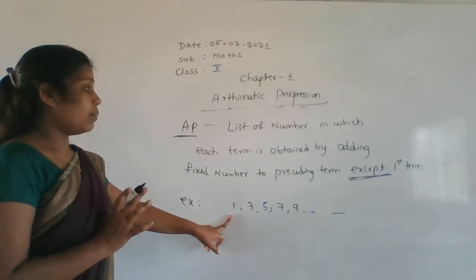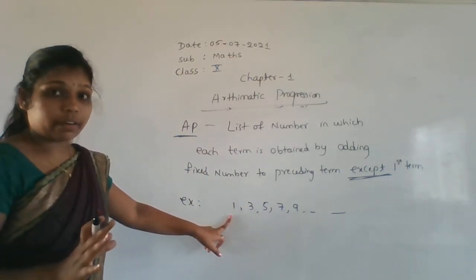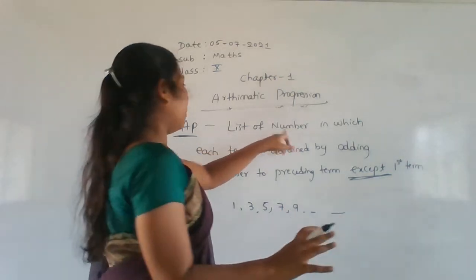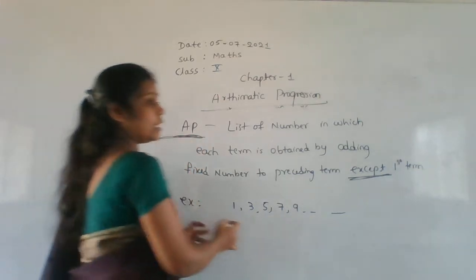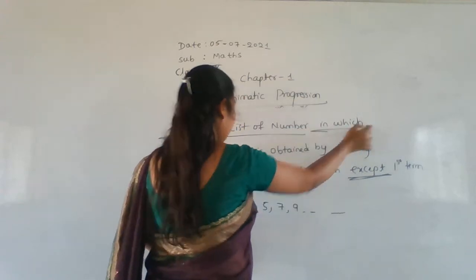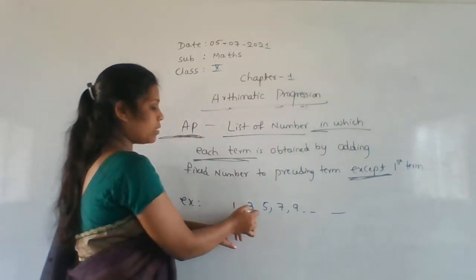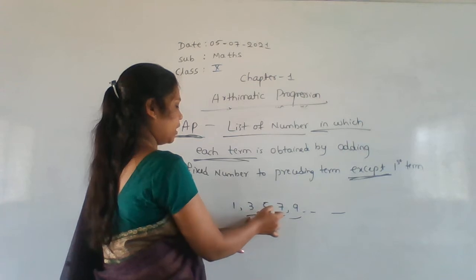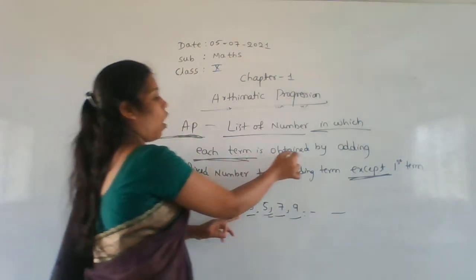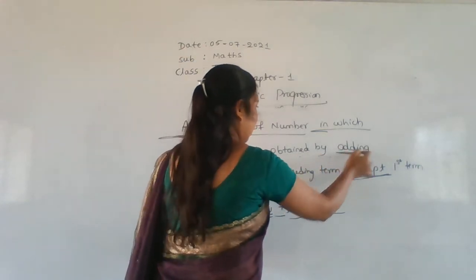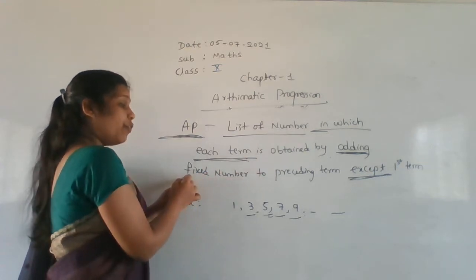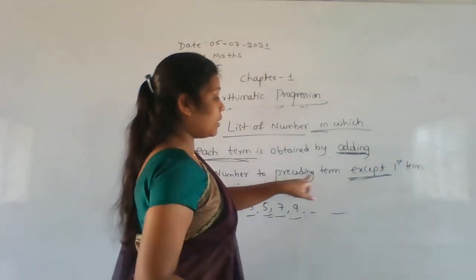Okay, try to understand the definition properly. In that definition only, everything is there. What is the arithmetic progression? It is a list of numbers in which each term, here 3, 5, 7, 9 like that, is obtained by adding a fixed number to the preceding term.